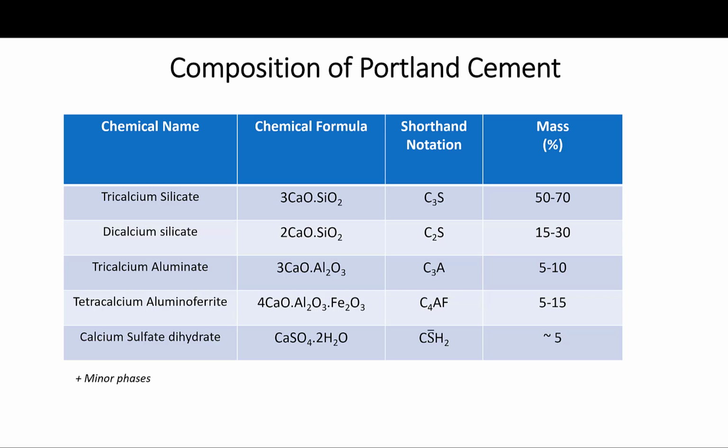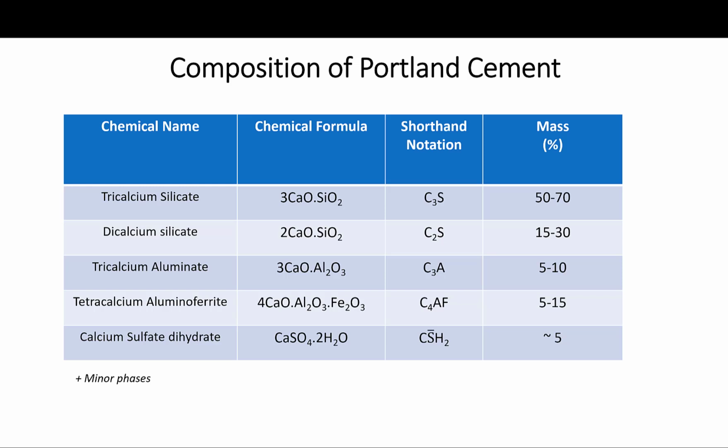This slide here shows the major compounds or phases of the Portland cement and the range of percentage of the overall composition. As you see, the major phases are the tricalcium silicate, referred to in shorthand notation as C₃S, or, depending on the impurities present within the phase, referred to as A-lite.